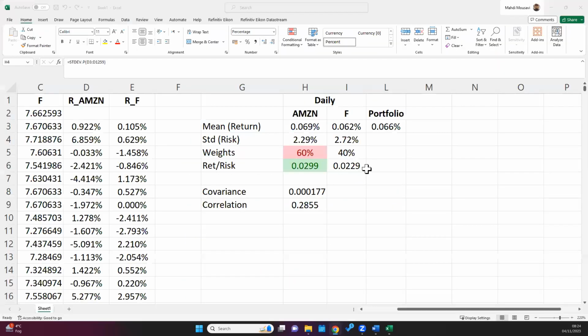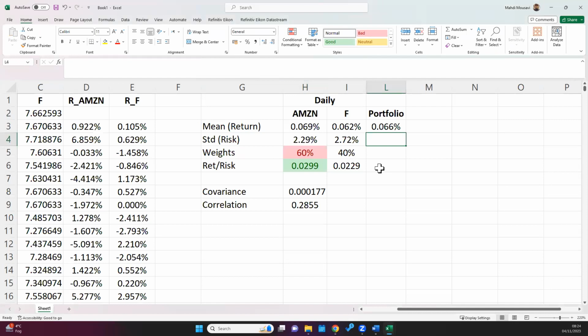So let me back here and try to type this one. So we can say that the risk of our portfolio is equal to weight allocated to Amazon in power of 2 times a standard deviation in power of 2.